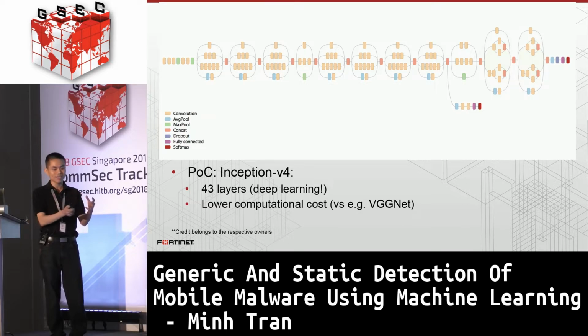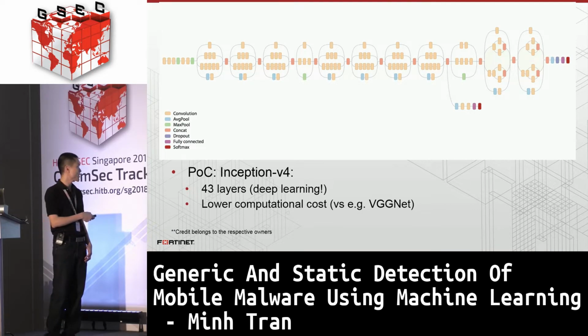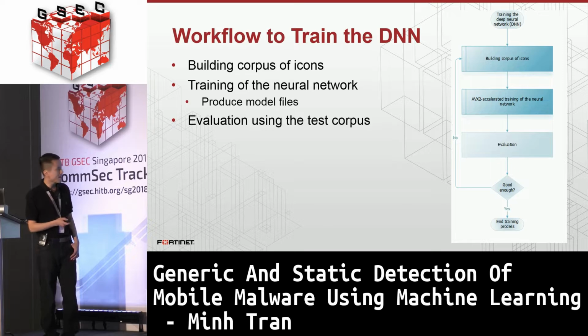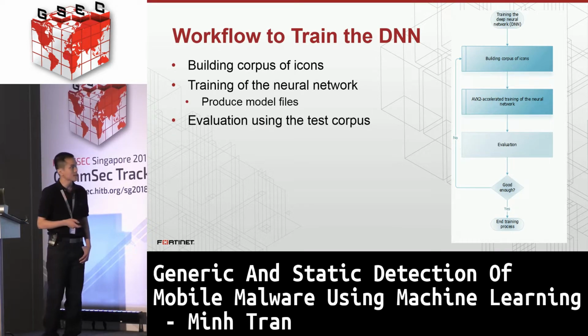Your feature is just one feature on top of many features of your malware analysis system, so you would like this feature to complete in less than 10 seconds to classify a sample. That's the reason we chose Inception for our system, and for our POC specifically we use Inception version 4.